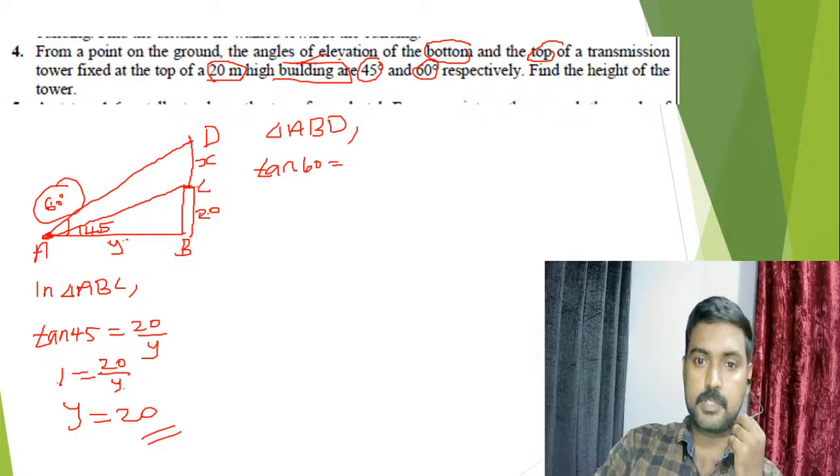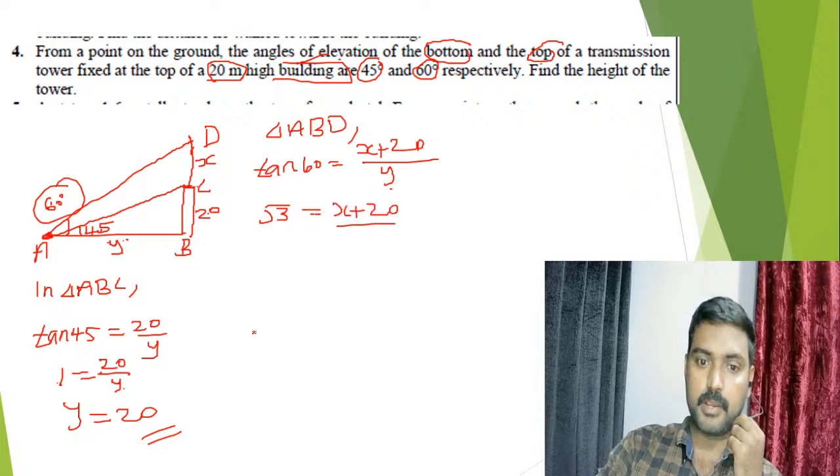So tan 60 means opposite side. Opposite side means this x and 20 is included. So we write x plus 20 divided by adjacent side y. Okay. So tan 60 is equal to root 3. So root 3 is equal to x plus 20 divided by y. y is equal to 20 we got already. So this 20 transposes to the left side, we get 20 root 3 is equal to x plus 20.